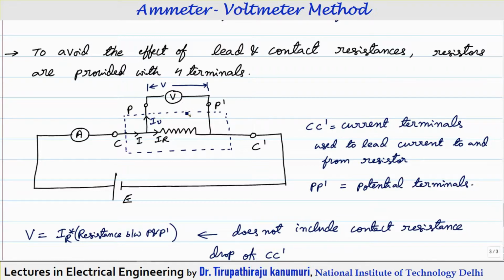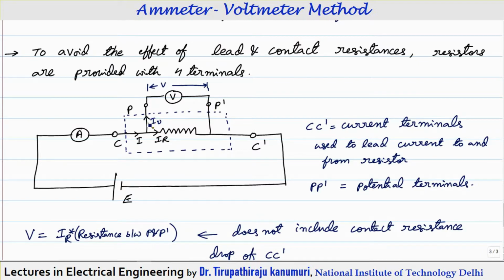I am repeating once again, the voltage measured by the voltmeter will be the voltage across the terminals P and P dash. Across P and P dash, what are there? IR multiplied by the resistance plus IV multiplied by the two side lead resistance plus IV multiplied by the two side contact resistance. Agree with me?